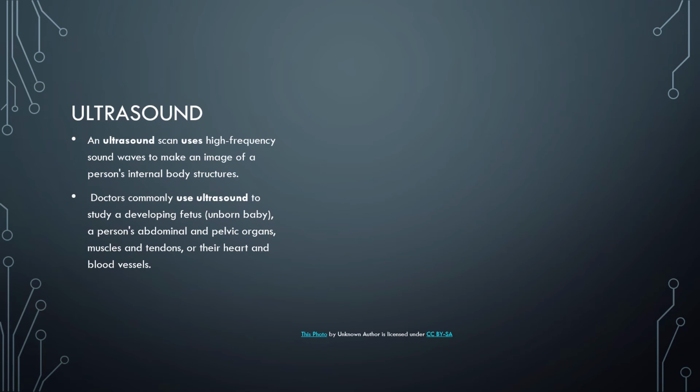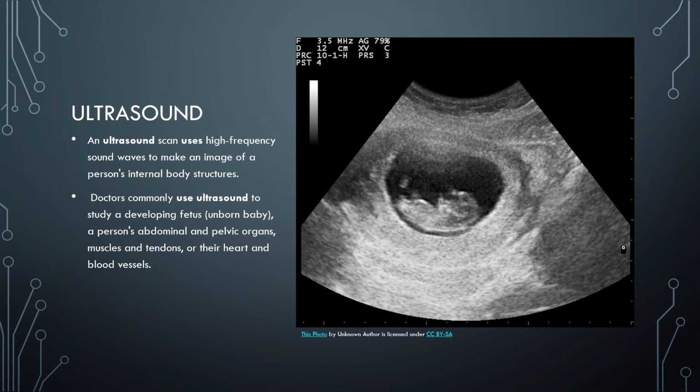The one that is most important to developing mothers, the ultrasound, which, as the name suggests, uses high frequency sound waves to make an image, kind of like sonar being graphed into a picture.